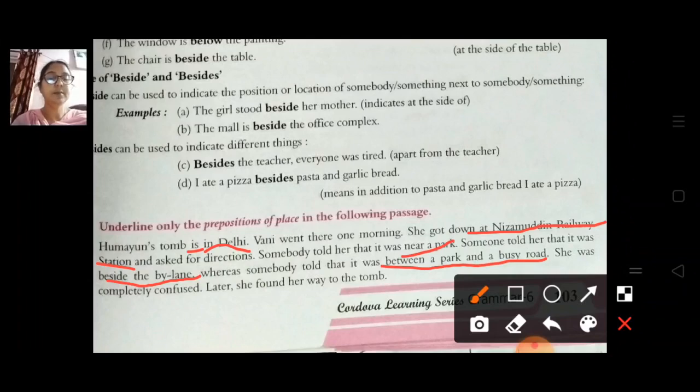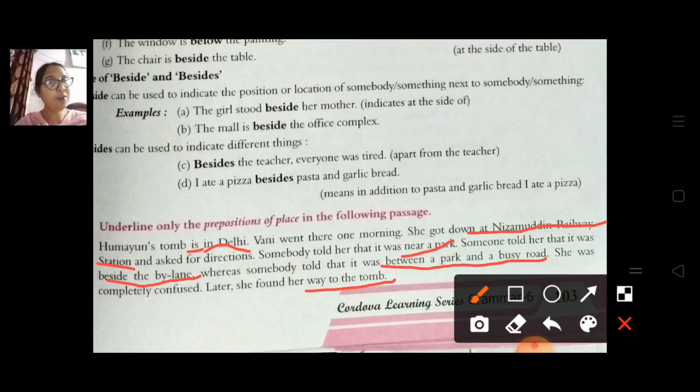Later, she found her way to the tomb. So that is how we have completed this C number exercise. After that, we are going to move to D exercise, which you can find on page number 104.